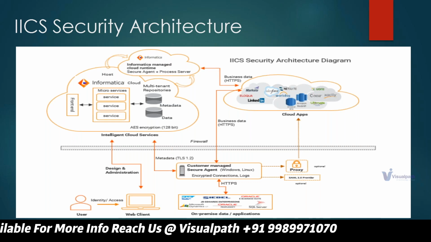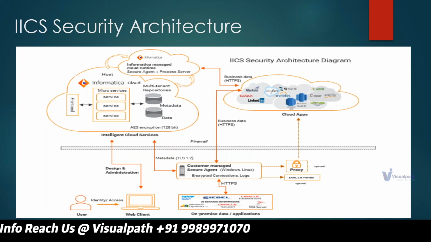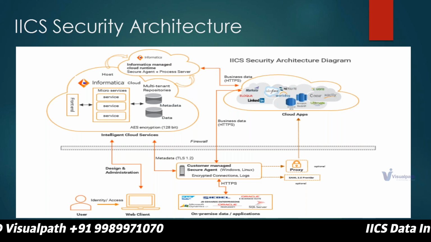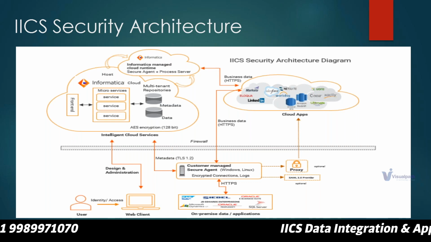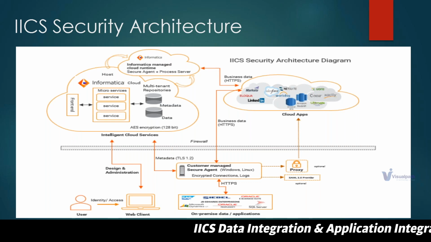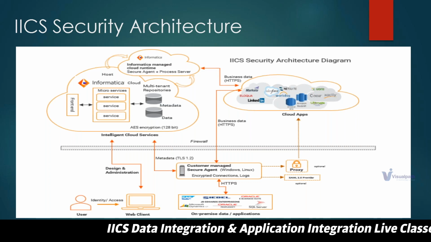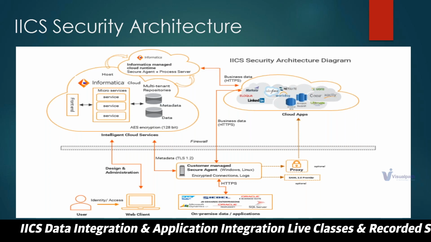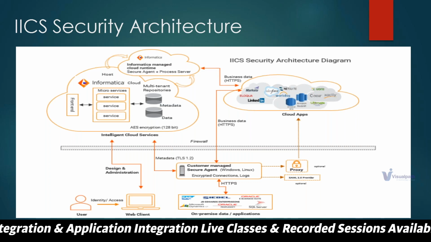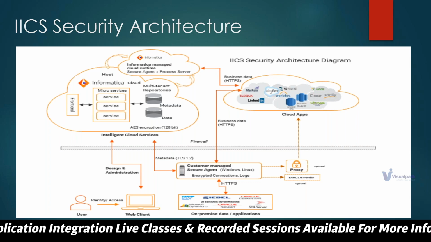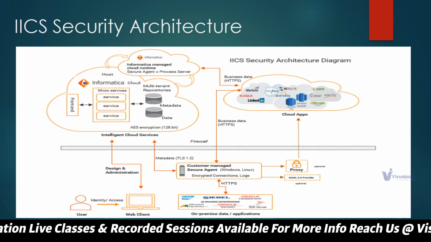The reason for the secure agent is to ensure the organization's data is secured and managed by the agent. So only the metadata gets exchanged with the cloud, not the actual data. It's only the metadata that gets communicated to the Informatica cloud service.